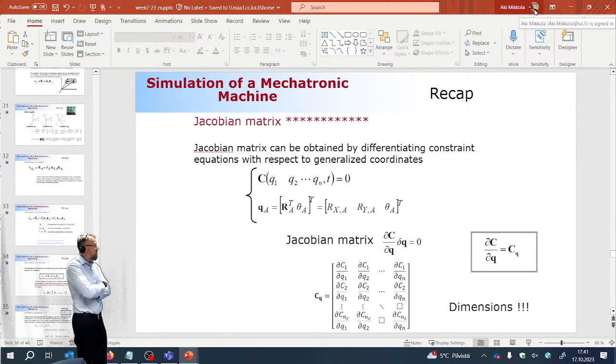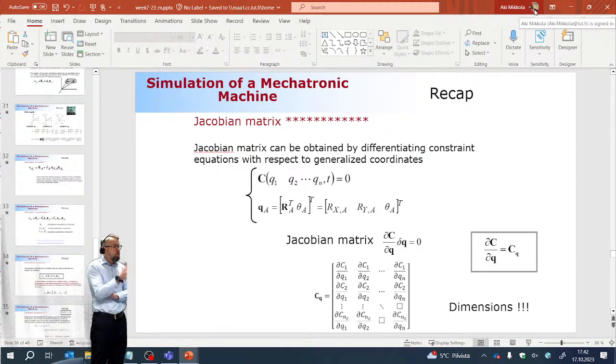Don't try to do this by pen and paper, because you can easily make mistakes, for example when differentiating trigonometric functions, about the signs and so on. So try to do this using a symbolic math tool. Make sure you understand the concept of constraints. Once you're able to do the constraints, just place it in the symbolic math tool and it will do the rest for you.